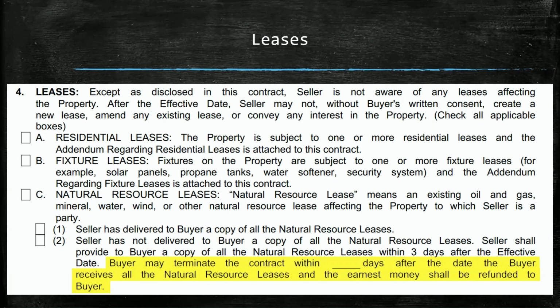The buyer then gets an agreed number of days to look over the natural resource leases and decide whether or not she wants to continue on with the transaction. If she does, great. If she does not, then within that agreed number of days, the buyer has the right to terminate the contract and receive back the earnest money.